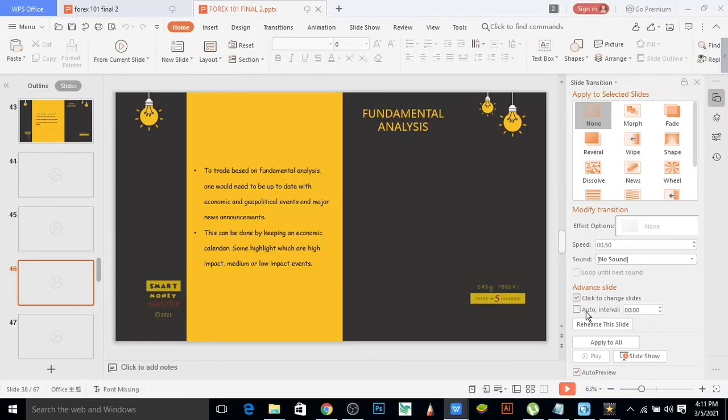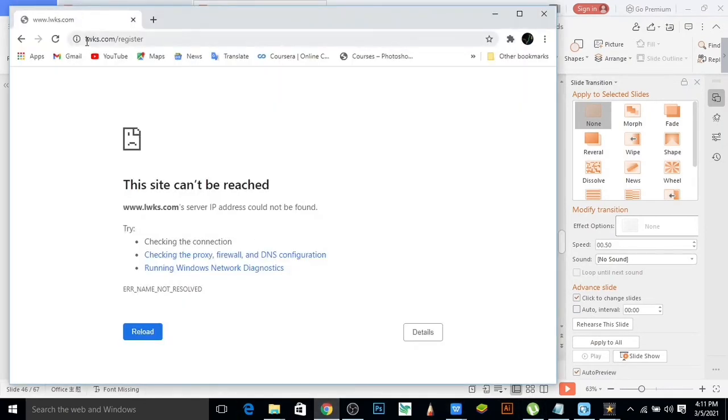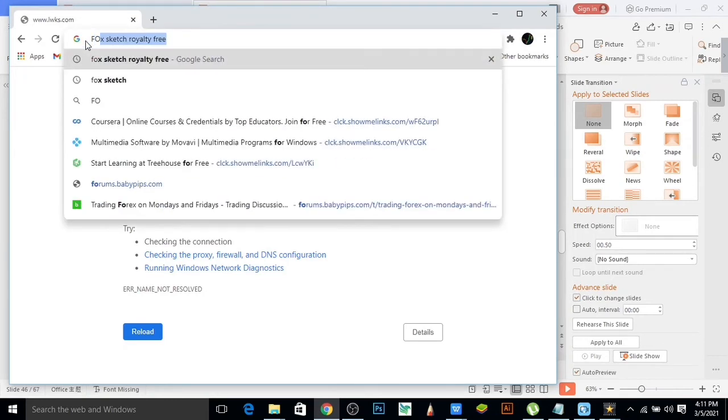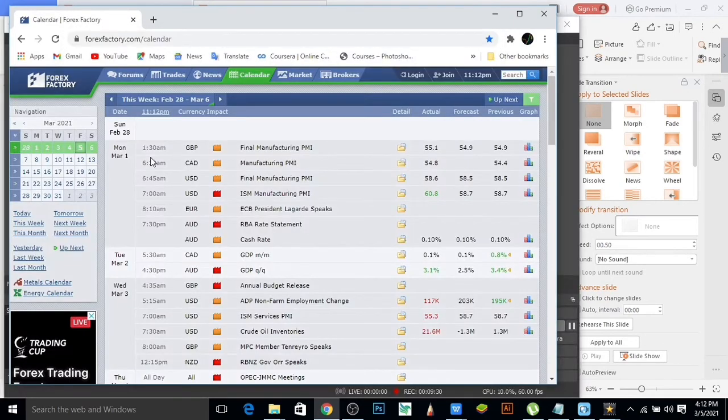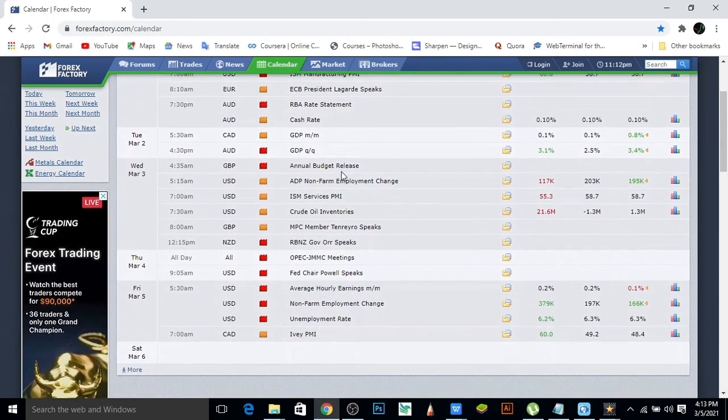Let me just try and show us an example of a forex calendar, right? This is an example of a forex calendar. Now we are looking here, we are seeing different things. We are seeing dates right here, and we are seeing some events here, right?